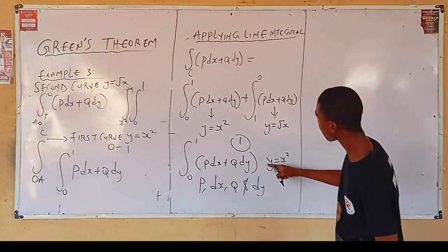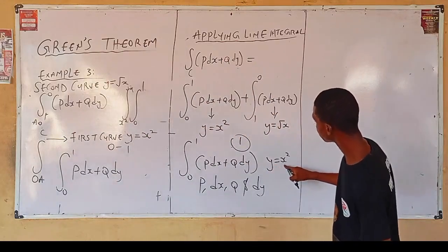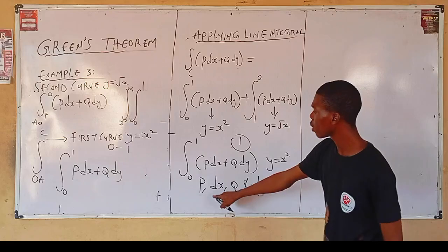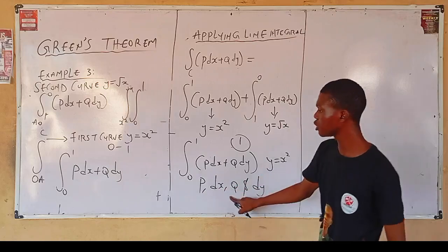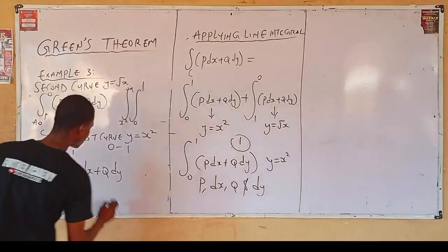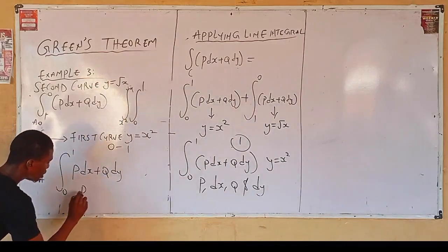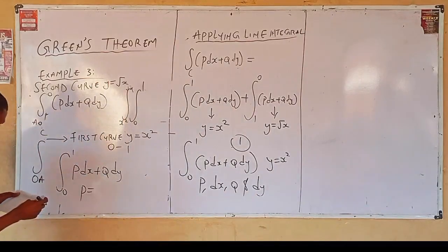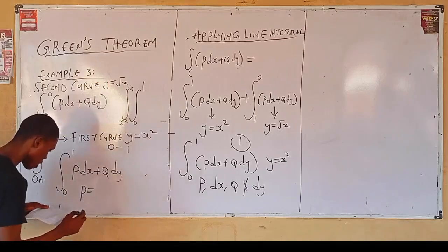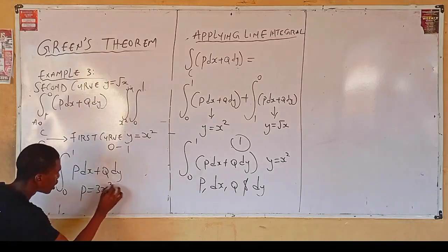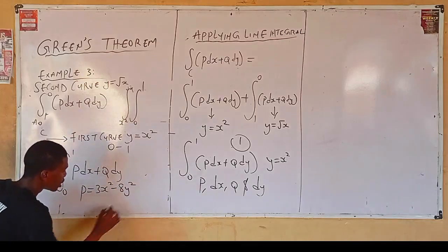For this first curve, I have that y is equal to x squared. But before that, what are the vector fields, meaning p and q? Given from the question, the vector field p is given to be 3x squared minus 8y squared.